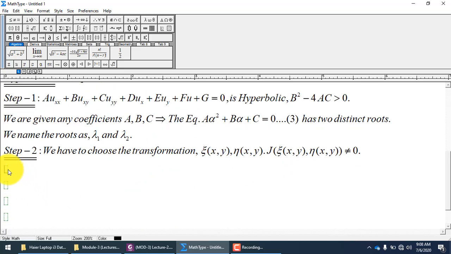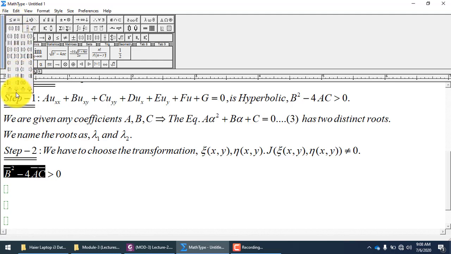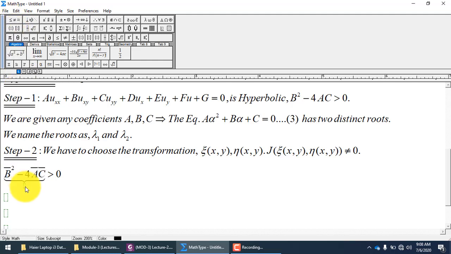I am trying to explain how you will select xi and eta. After the transformation, this will be strictly positive. Before the transformation it is b square minus 4ac, but after the transformation I have named it b bar square minus 4a bar c bar.